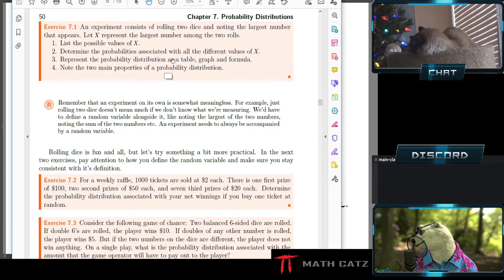Represent the probability distribution as a table, graph, formula. Okay, we're not going to do formula because we don't need it. It's coming from an older version where I did way more counting and then formulas are kind of necessary. Let's graph it.